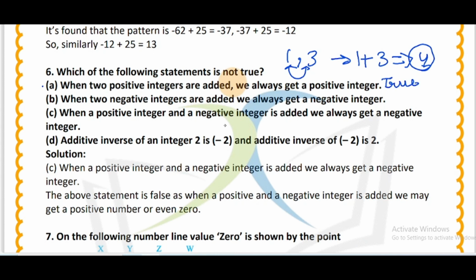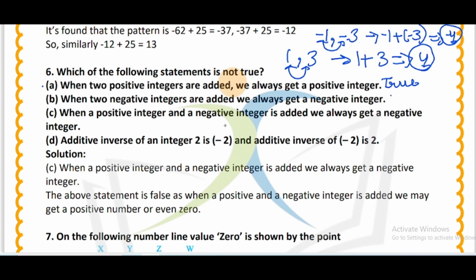Then the next, part B: when two negative integers are added. Let's see, -1 and -3. These are two negative integers. When we add two negative integers, then we also get a negative integer.